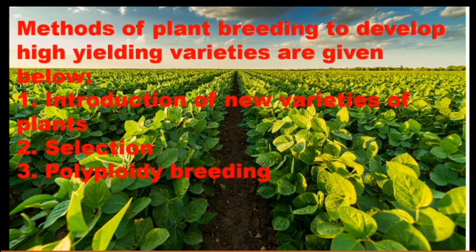That also we are going to discuss. Mutation breeding. Mutations are sudden changes in genes. If the plant has undesirable characters, we can take the gene which is responsible for those characters, and the undesirable characters are removed. That also we are going to discuss.